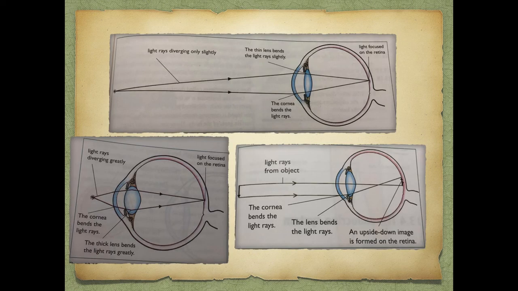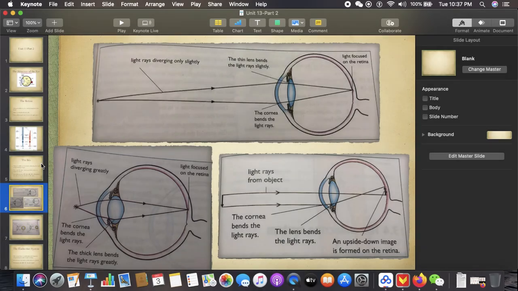Now here are 3 images taken from my textbook about how the eye actually focuses the light. We're going to first focus on the image in the bottom right hand corner, which shows how an image is focused onto the retina. So basically, here is the image, right here with the arrow. Now the light passes from the top of the arrow and the bottom of the arrow, right?